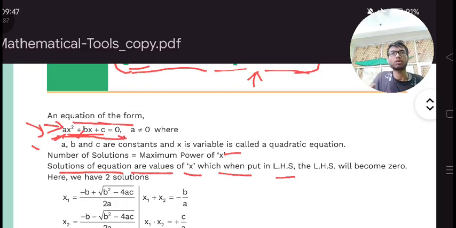This is what you will observe, and it should happen. That's why we are understanding mathematics, isn't it? If this side is 1 by 2, then you will observe that the LHS is also 1 by 2. Both become equal, and here we are applying the equal sign between two quantities. So here we have two solutions.